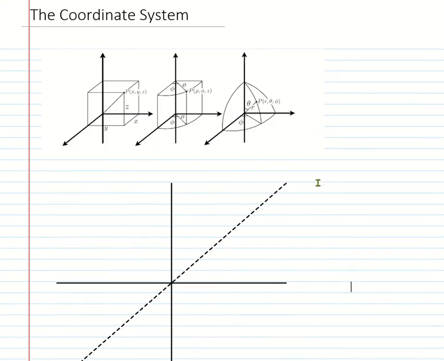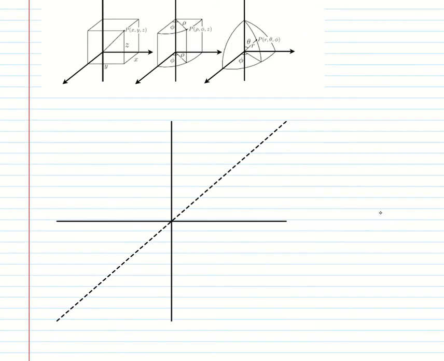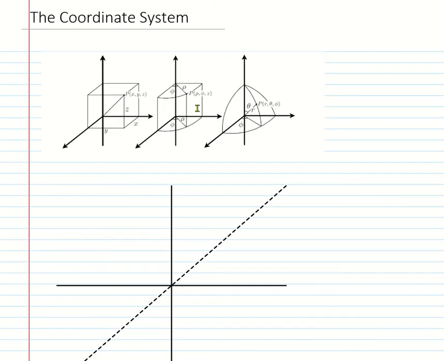Next, the cylindrical coordinate system, the second one here. The point can be represented again by three parameters: rho, phi, and z. Rho is the vertical distance of the point to the z-axis, the shortest distance between the z-axis and that point.